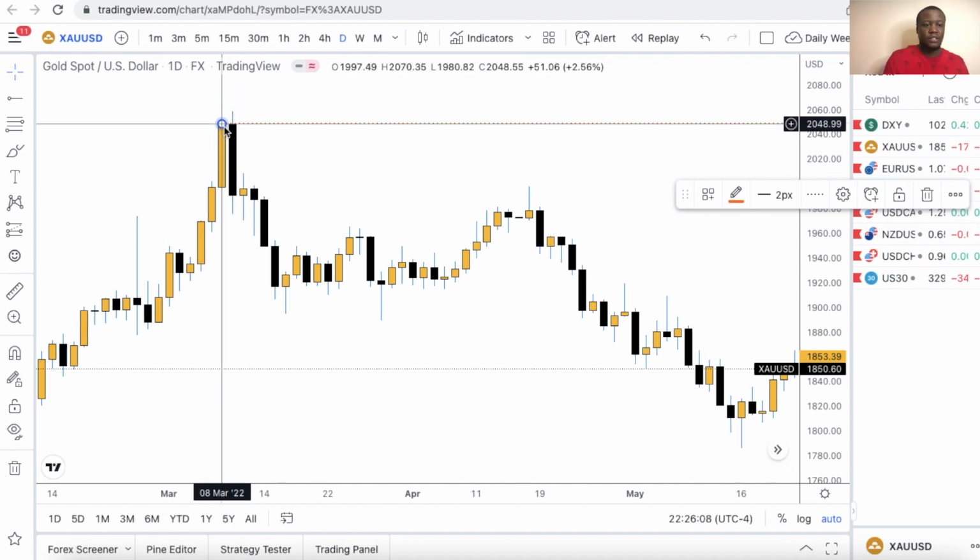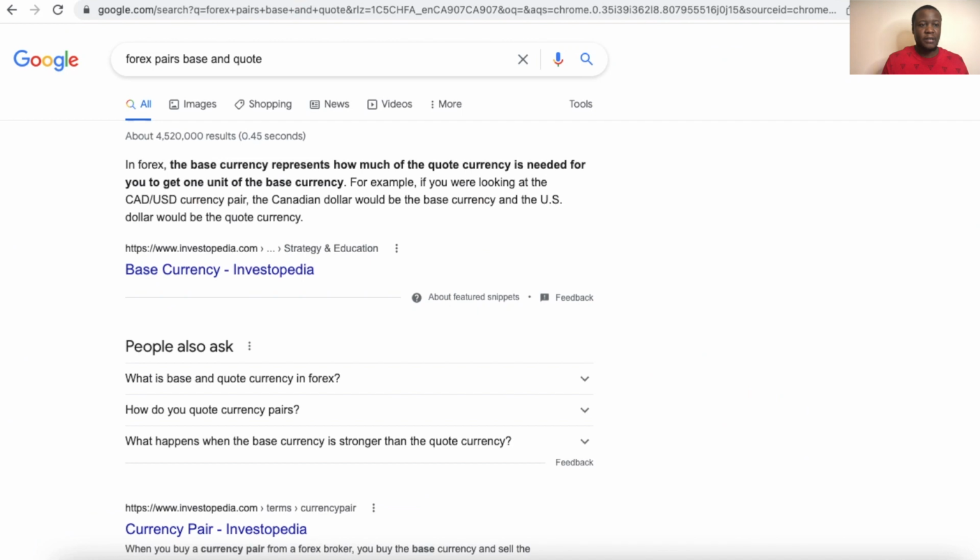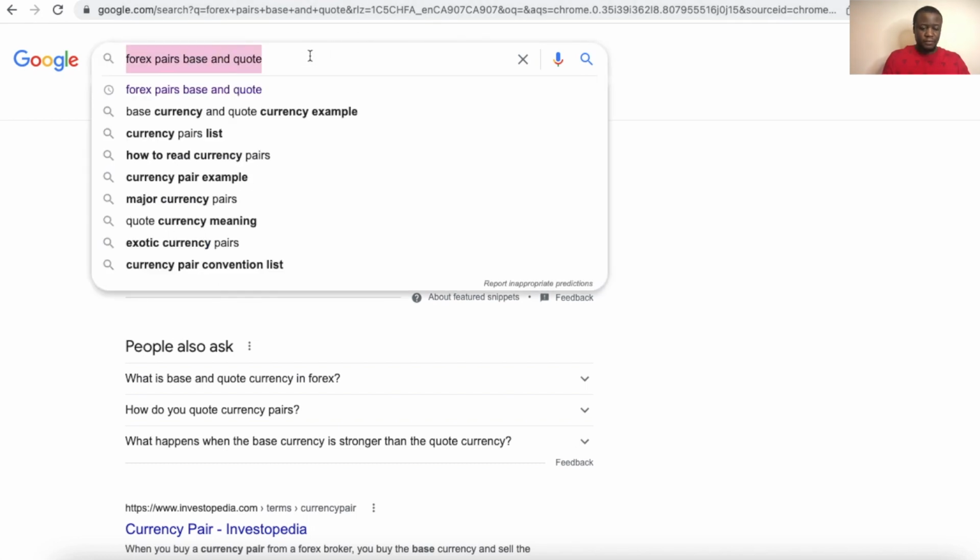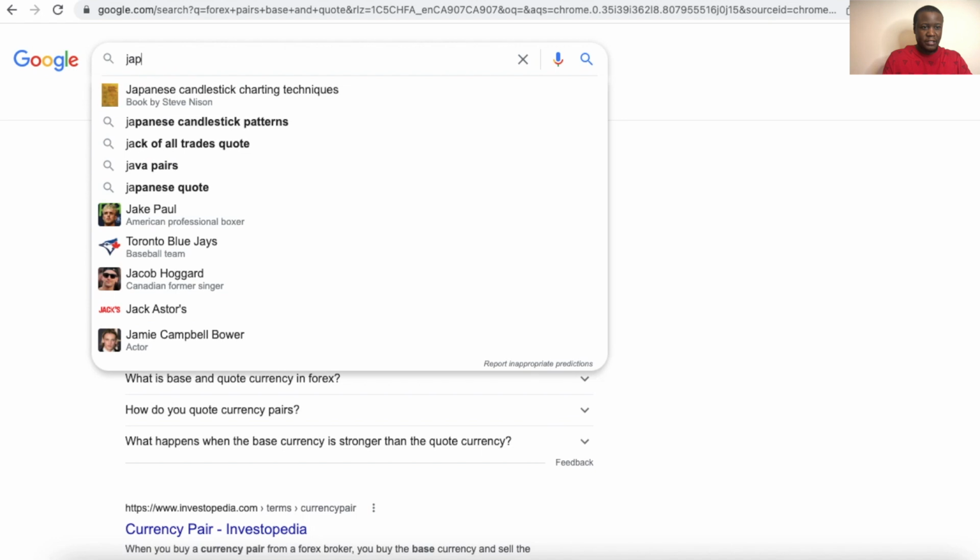Now, for some of you, you might be in your trading journey where you're learning Japanese candlesticks, or trying to remember them, and you think you need to know all these Japanese candlesticks. So let's check this out real quick.